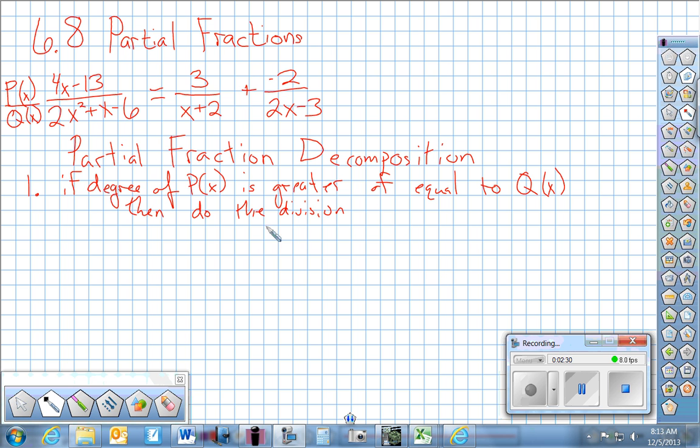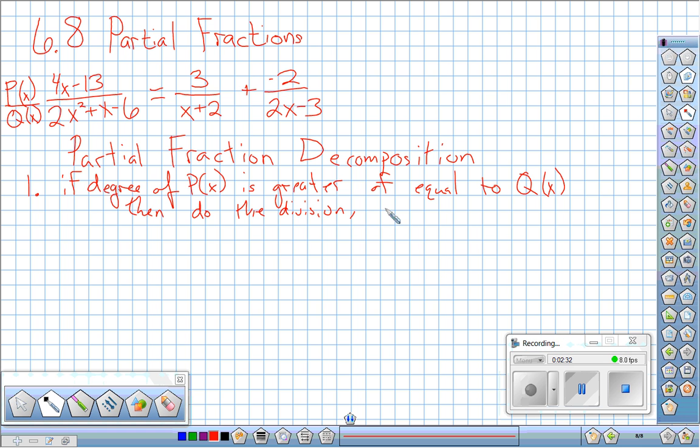And after we've done the division, we will do the following steps on what we have left, whether that is the remainder or the new resulting p over q, which won't be the same.